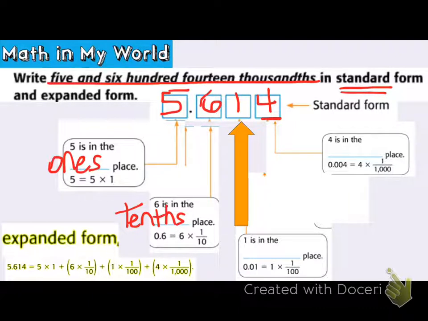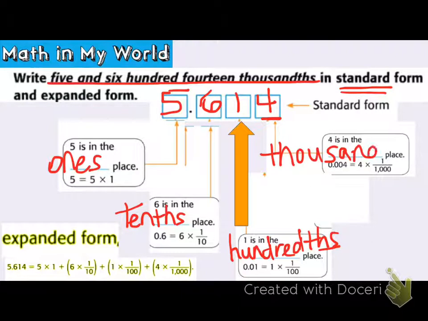The 1, or 61, is in the hundredths place. So I can just write the word hundred, and don't forget that THS. Finally, the 4 is in the thousandths place. So I need to make sure again that I have that THS. I've now shown the value in standard form, which is here.